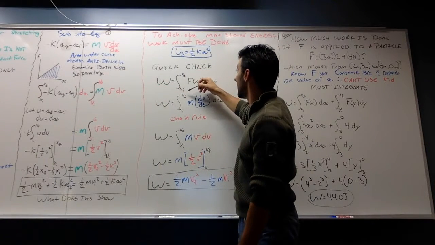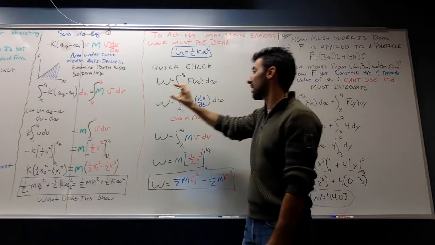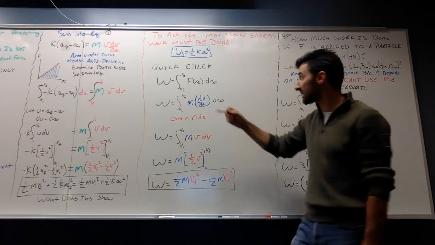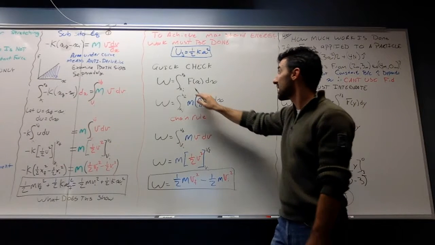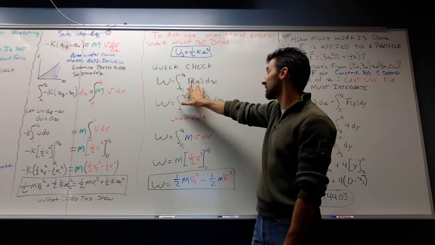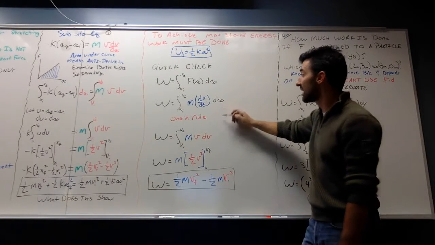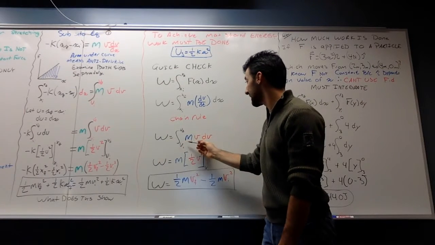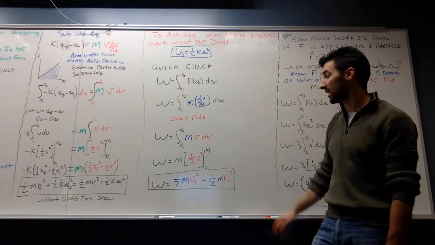To check that out with our work energy theorem, I know work is the integral, or the antiderivative, from my initial position to my final position of F of x dx. We know that because the more force I apply over every small distance, I'm summing up all those forces to get my work all the way across. I substitute in Newton's second law, mass times acceleration times my change in position. And again, I'm going to utilize that chain rule to find that work is mass times velocity with respect to a change in velocity.